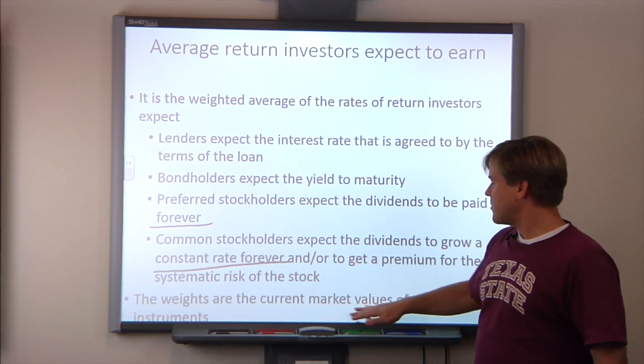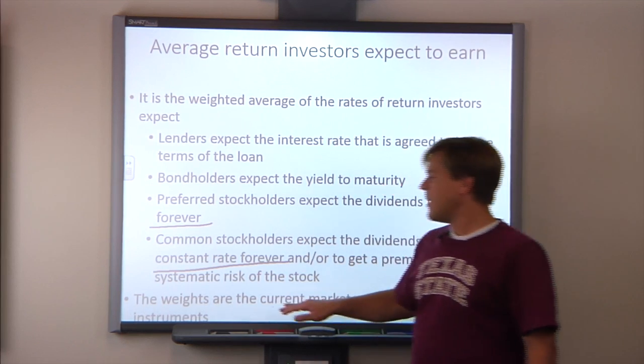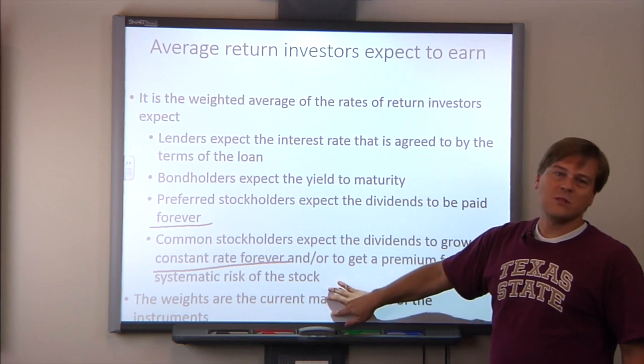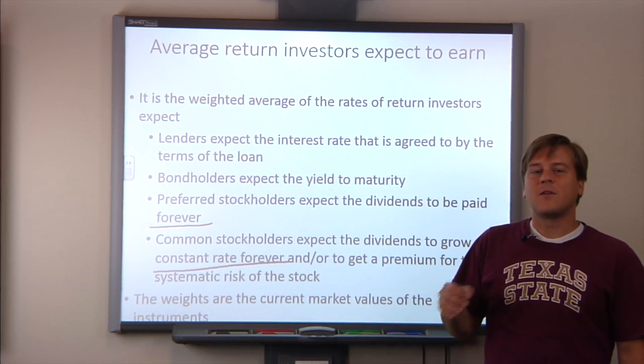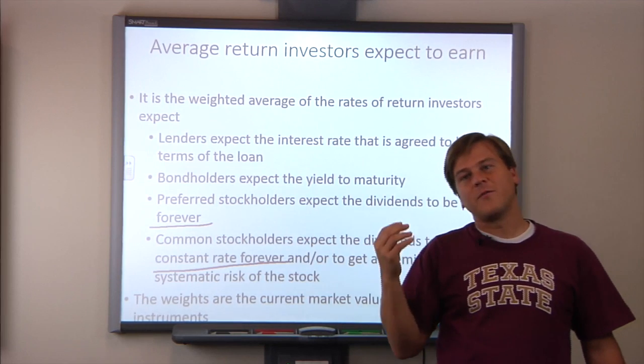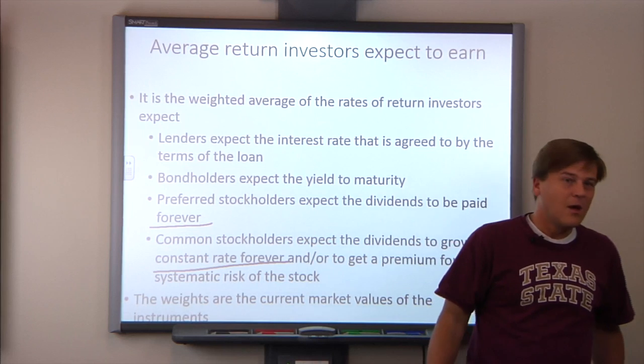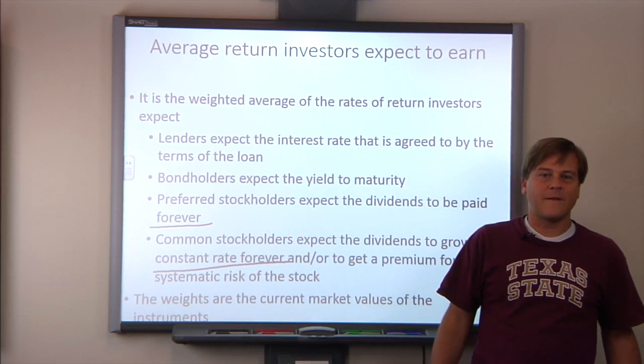So these weights that we're going to use have to be market values. They have to be the dollar amounts. The other thing that you'll sometimes use is a target weight, where the company says that 80% of our company is going to be financed with debt. So then you could go ahead and use that number rather than the market value numbers.